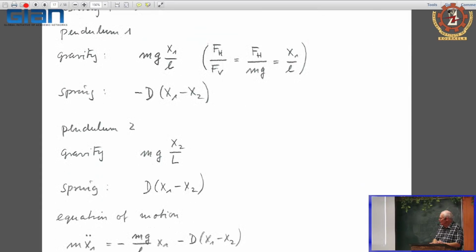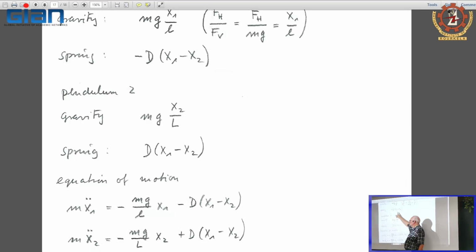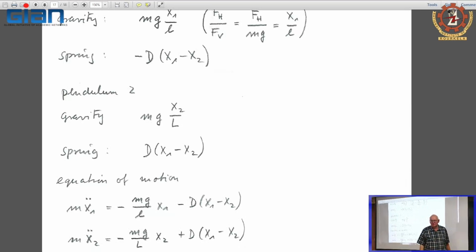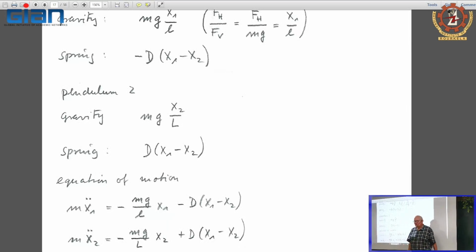Well, a corresponding formula holds for the gravity and the spring of pendulum 2. The force exerted by the spring is just the opposite, because actio equals reactio, it has to point in the opposite direction. The gravity is analogous to the gravity of the first pendulum.